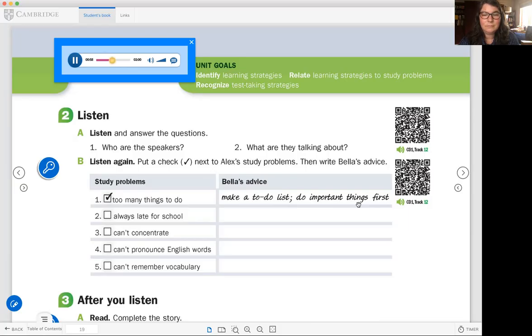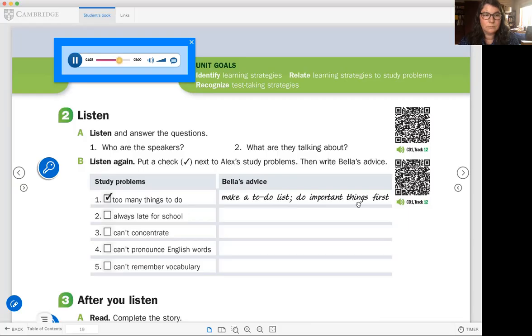Let's see. Right now, the most important thing is to finish reading this book. But it's so boring. I can't concentrate. You need to be more active, Alex. Don't just read the book. Underline important ideas, write notes, repeat the main ideas to yourself. Those things will help you concentrate. I think I can do that. But there's another problem.